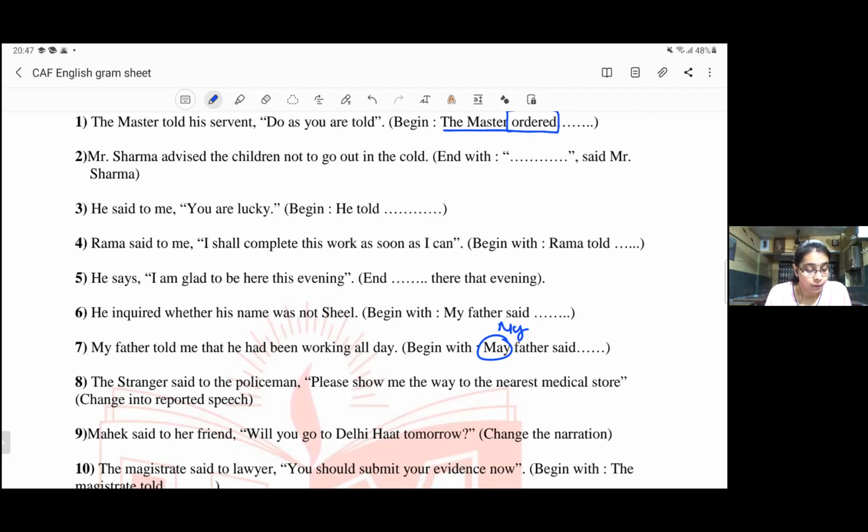Now, you can write: the stranger requested the policeman to show him the way to the nearest medical store. Done?